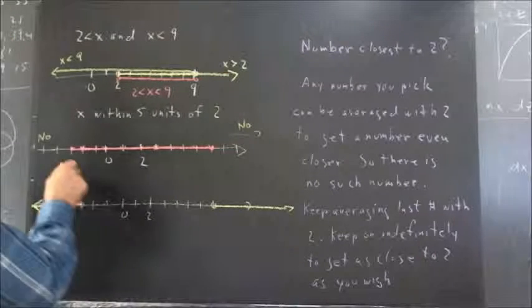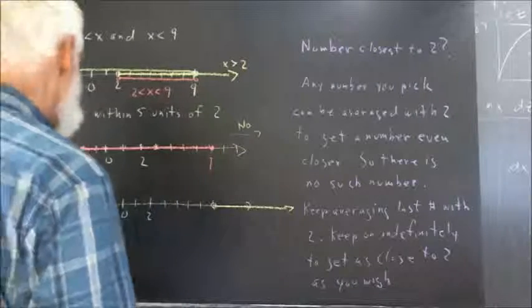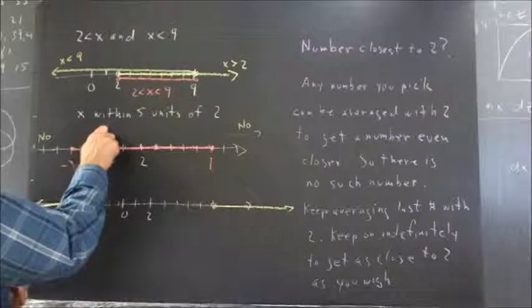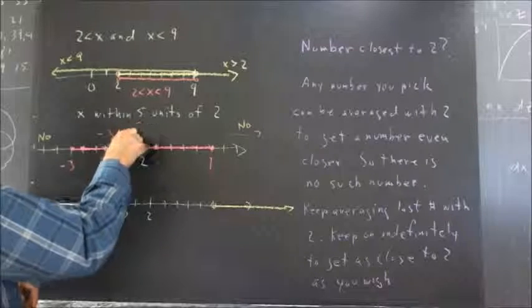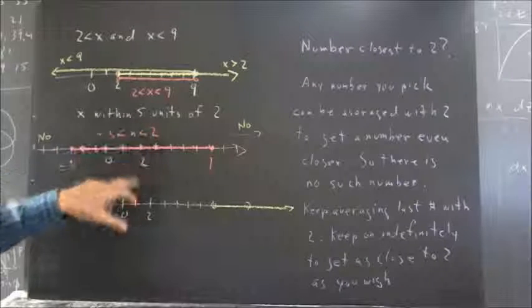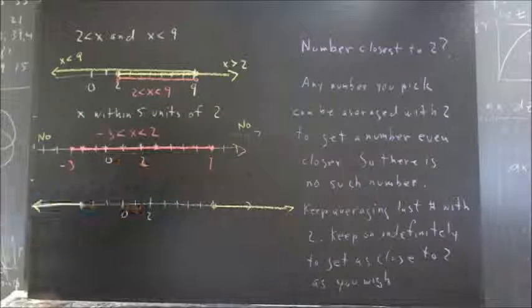So we have -3 here, and we have 7 here. Now we can say then that -3 is less than x is less than 7. This describes the property that x is within 5 units of 2. That's an important idea.